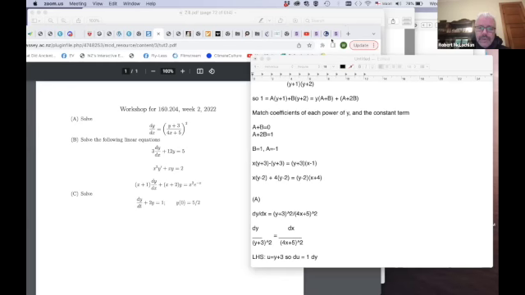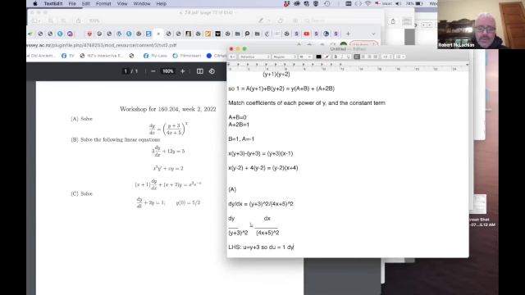Can you share your screen again, please? So we're doing the left-hand side. Make the substitution u equals y plus 3. So du is the derivative of that, which is 1 dy.